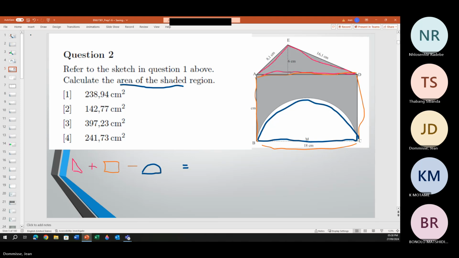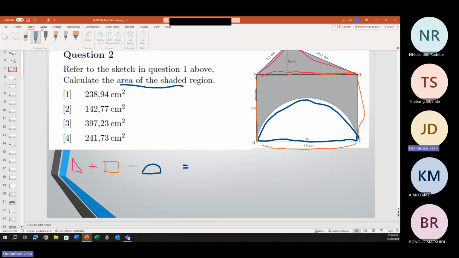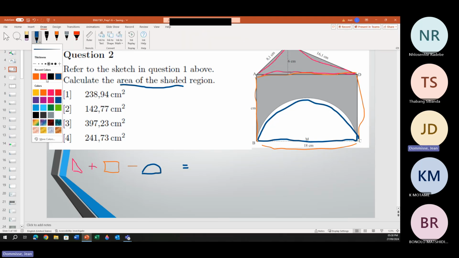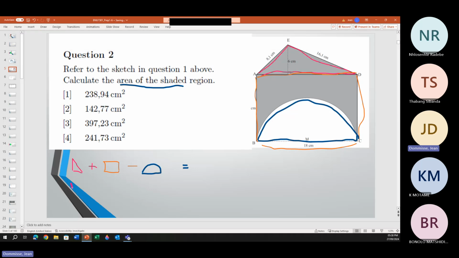So first the triangle. If we go for the formula of a triangle, it's half base times height. So it is half the base we have, which is 18.